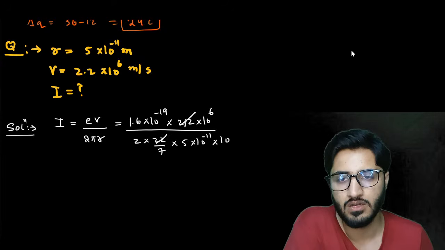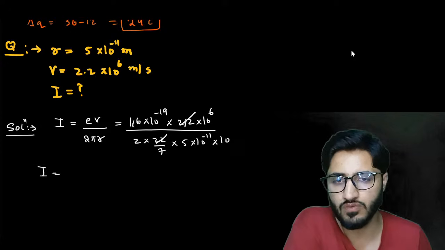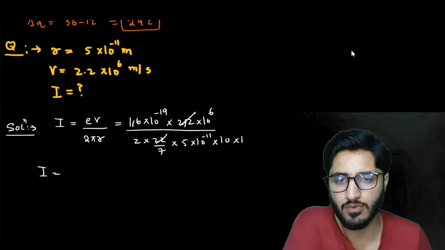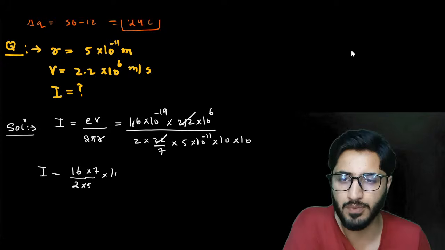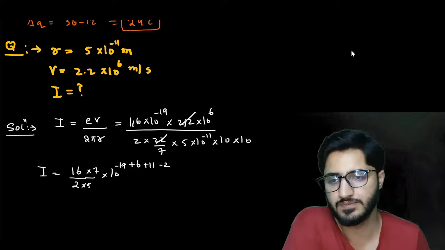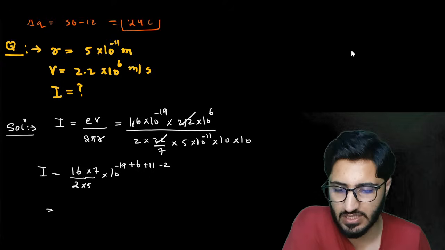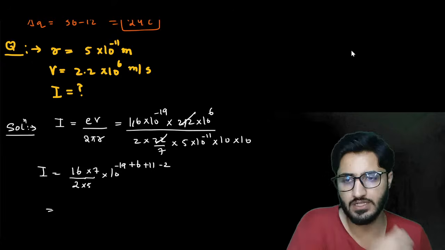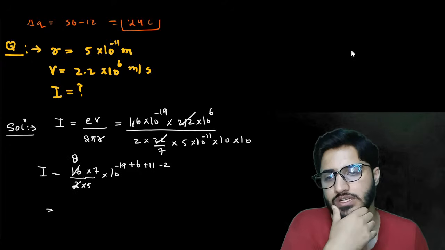So what I can write here now? It is 16 into 5 into 7 into 10 to power minus 19 plus 6 plus 11 minus 2. 16 into 7.